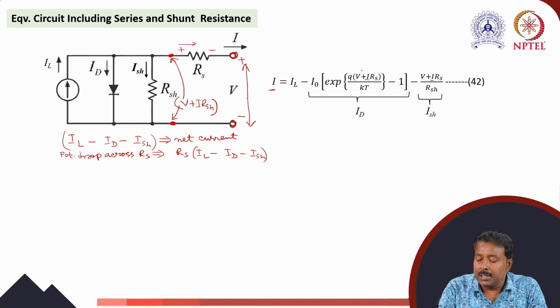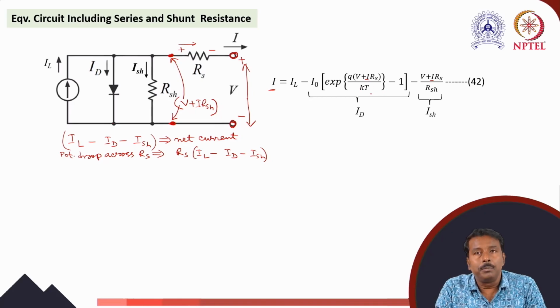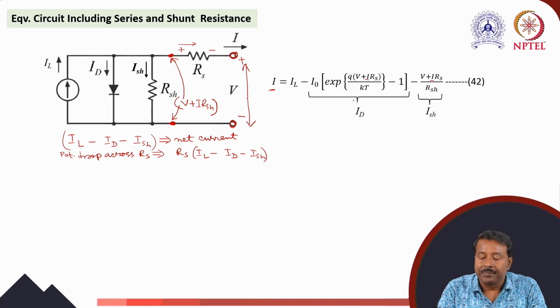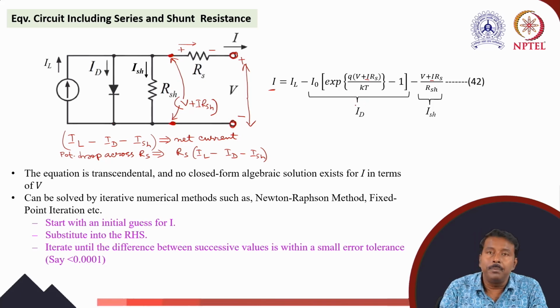But due to the presence of the exponential form and also the presence of I on both the right hand side and left hand side, you cannot solve this equation analytically, because this is a transcendental equation. So this can be solved only by iterative numerical methods, say Newton-Raphson method or other methods, say fixed point iteration method.